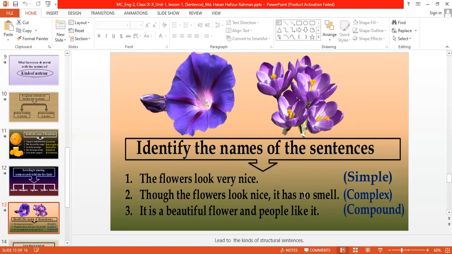Now third, it is beautiful and people like it. There are two subjects here and "and" is a coordinate conjunction. When the coordinate conjunction combines two sentences and the two sentences express their meaning independently, it is called a compound sentence.